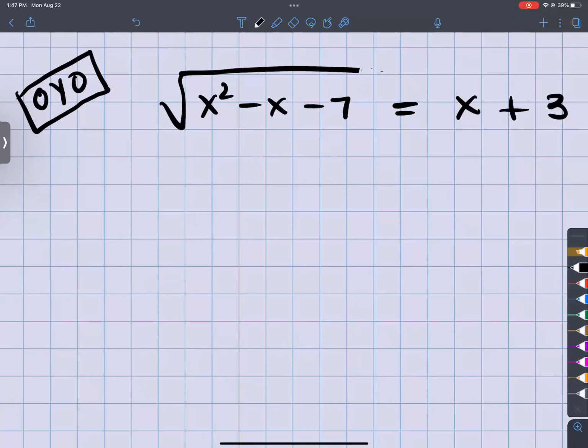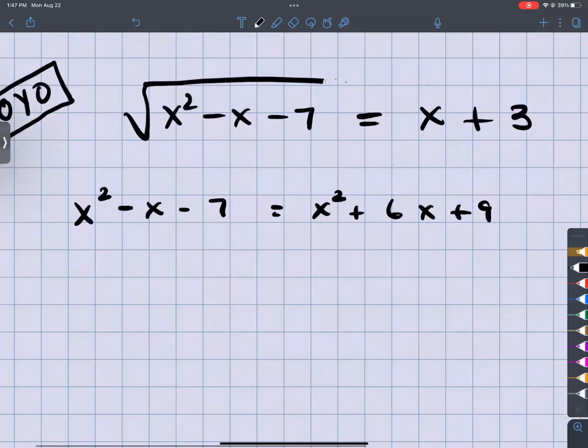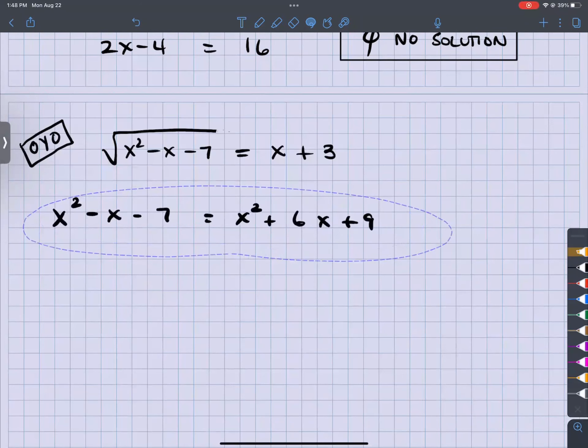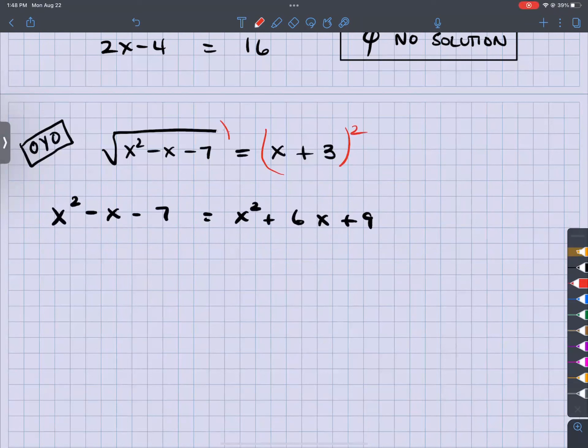Okay, now that we have negative 1 minute left, let me show you guys this. Because you have to square both sides, because the index is a 2. On the left side, the square root goes away.